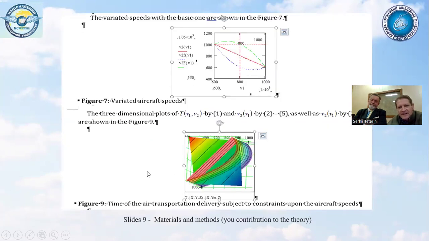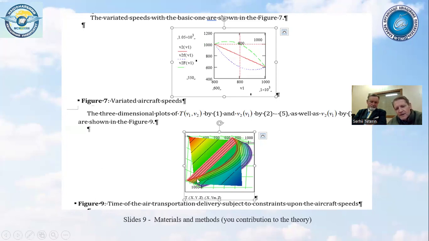For the second case, we have varied speeds like the green and blue lines here in figure 7. And then, according to that, in figure 9, we can see the minimal time. Of course, we can consider it maximal time, but the objective function for us is minimization of the time of the delivery.